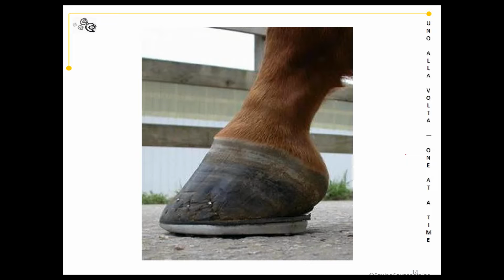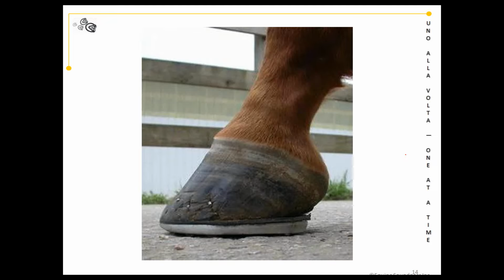We trim the hoof so that it can come back to full function, and then hopefully it doesn't have too much scar tissue on the inside, because usually these navicular horses come to us when everything else has already been tried.